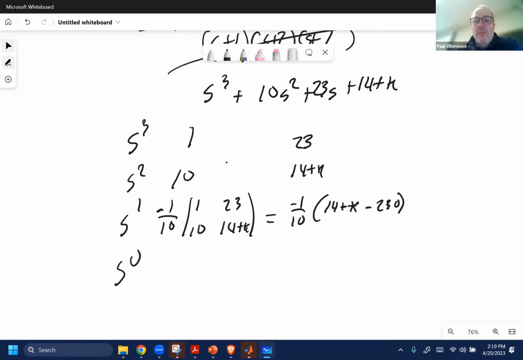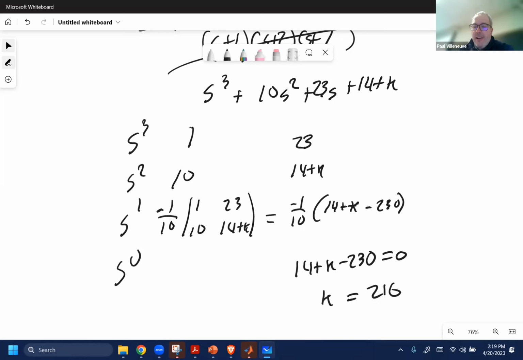And then we know the next term is 0. So this whole row has to be equal to 0, right? So we know 14 plus k minus 230 has to equal 0. So k is going to be equal to 230 minus 14, which is 216.